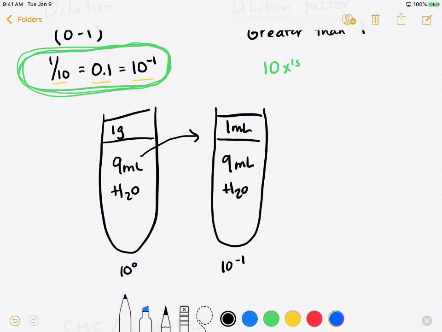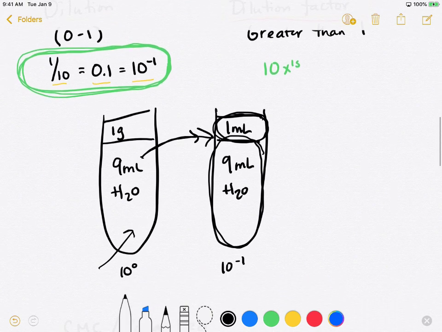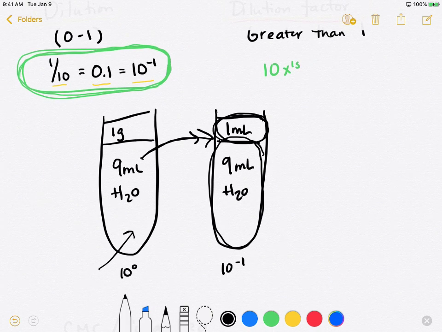This was sort of our initial solution, undiluted. We then took 1 milliliter out of this first tube and moved it into the second tube. So we had 1 milliliter of that dirt water solution diluted in 9 milliliters of water. This was our 10 to the negative 1 or our 1/10 dilution. You did this 3 times so that you got a 10 to the negative 1 dilution, a 10 to the negative 2 dilution, and a 10 to the negative 3 dilution.